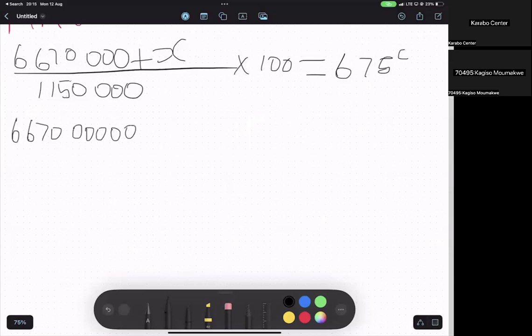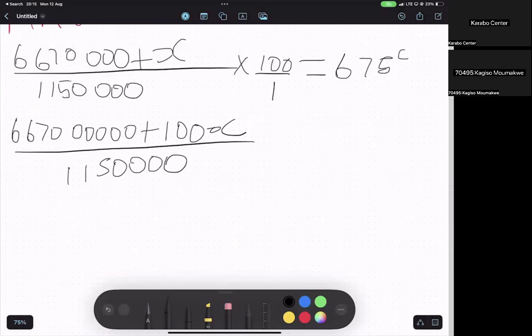Then you'll say 100 times X, which is 100X, and then it's all over 1,150,000, equals 675.